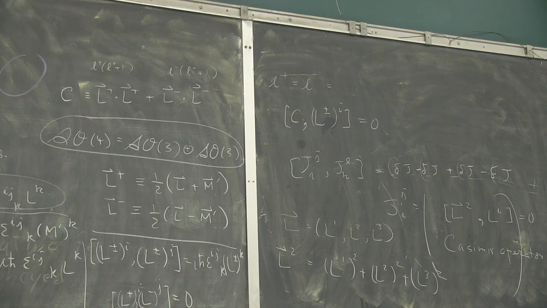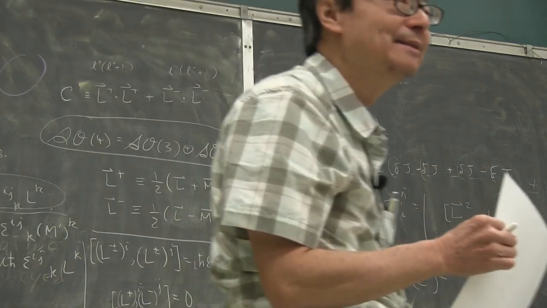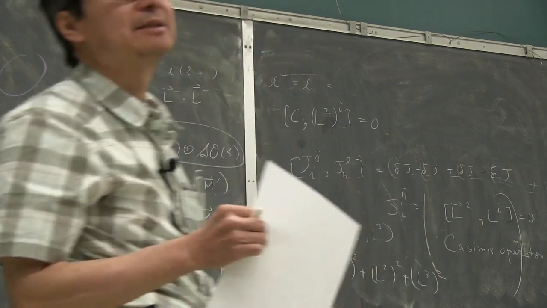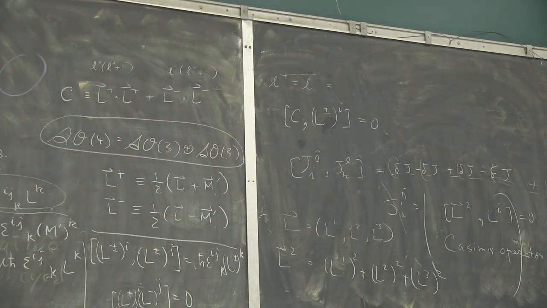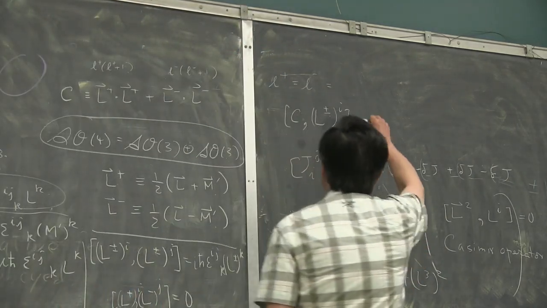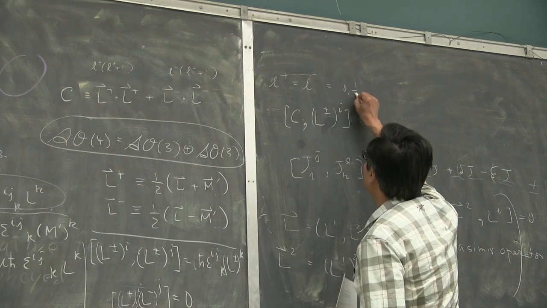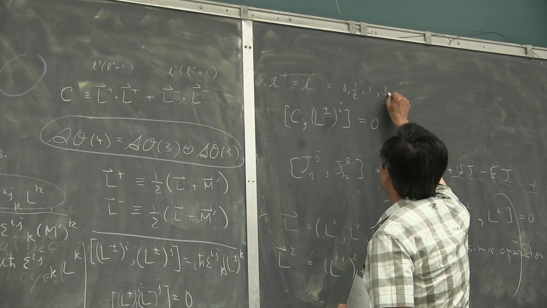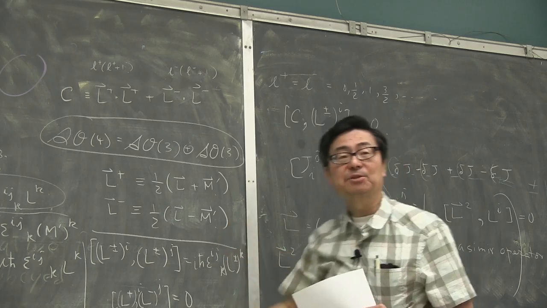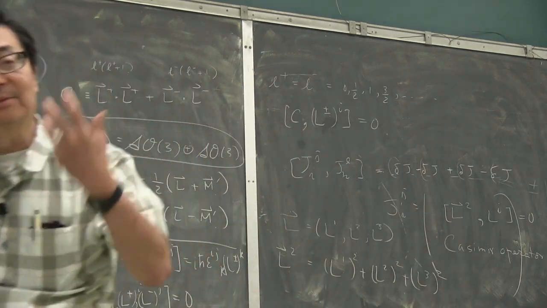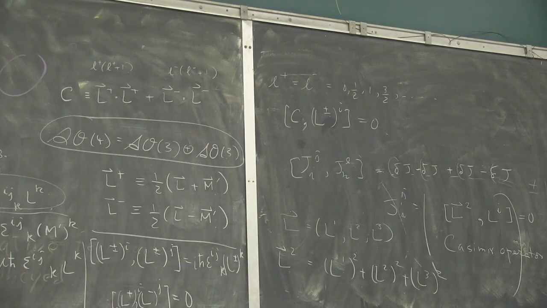They are either integers or half integers, including 0, which is the completely spherically symmetric case. So these can assume the values 0, 1/2, 1, 3/2, and so on, according to the representation theory, which I haven't demonstrated to you, but let's just take this as fact.